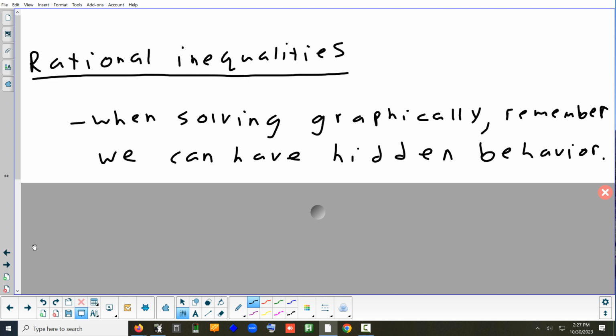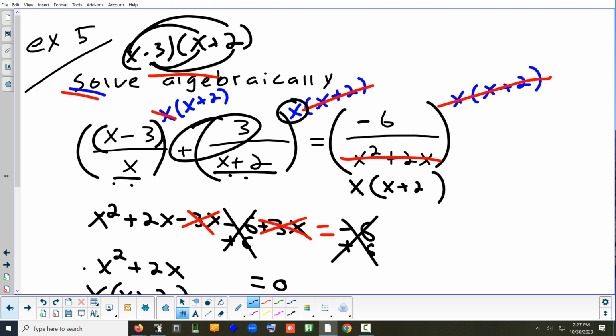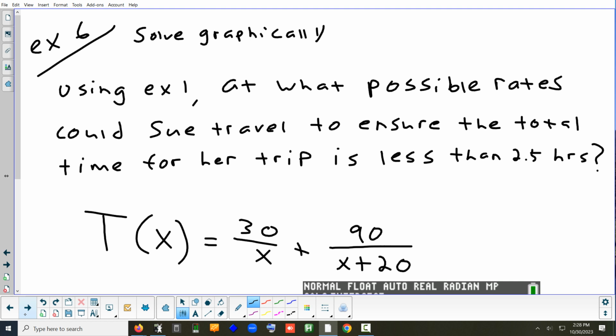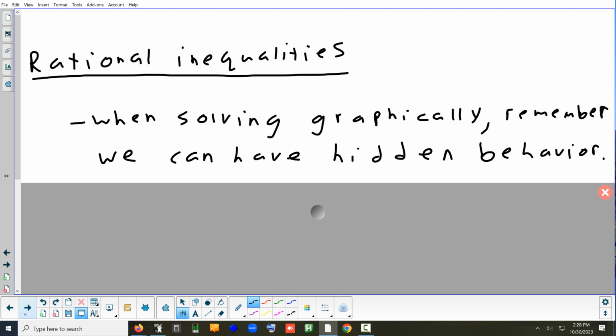Dividing or multiplying. With the method I showed you here, you're multiplying both sides by a letter. Well, I don't know whether that letter is positive or negative. So if I don't know if it's positive or negative, I wouldn't know whether I'm supposed to flip the sign or not. So that's why the method I showed you here doesn't work for inequalities.